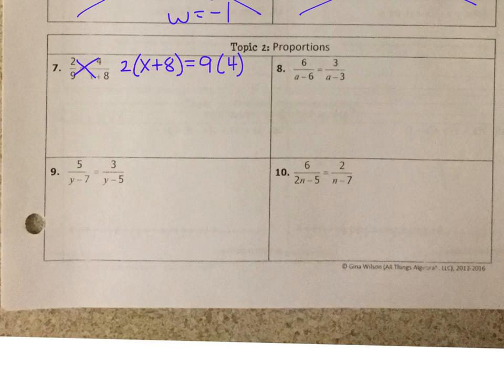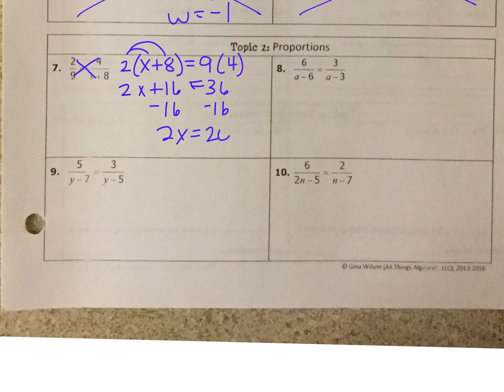Once you get that set up, you guys are golden because I know you know how to do this. 2x plus 16 equals 36. Subtract your 16. 2x equals 20. Divide by 2, x equals 10.